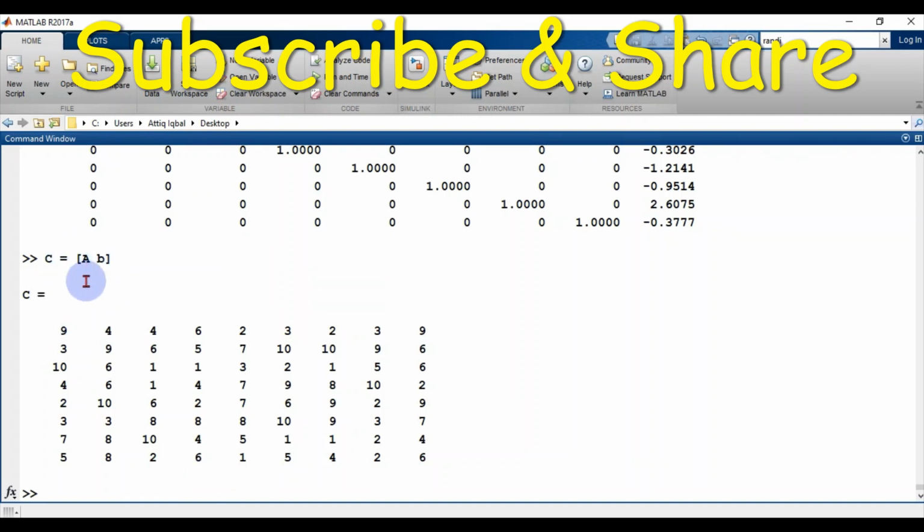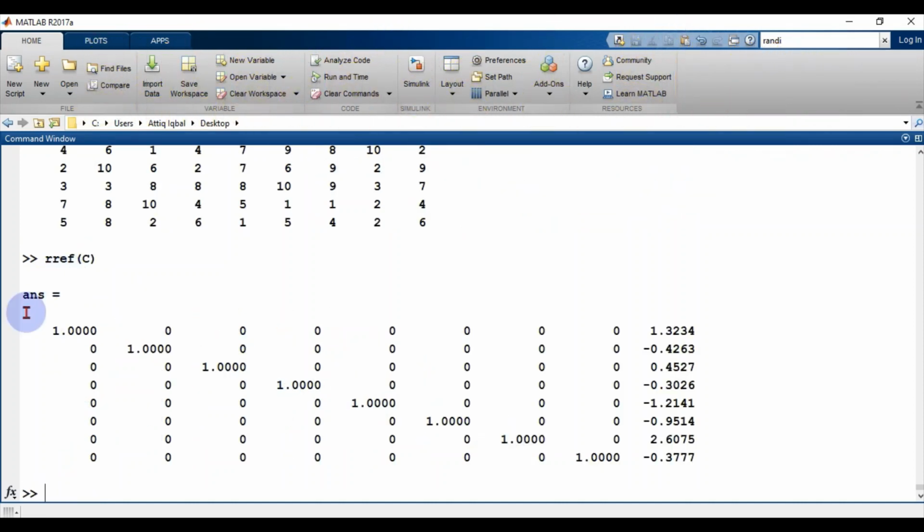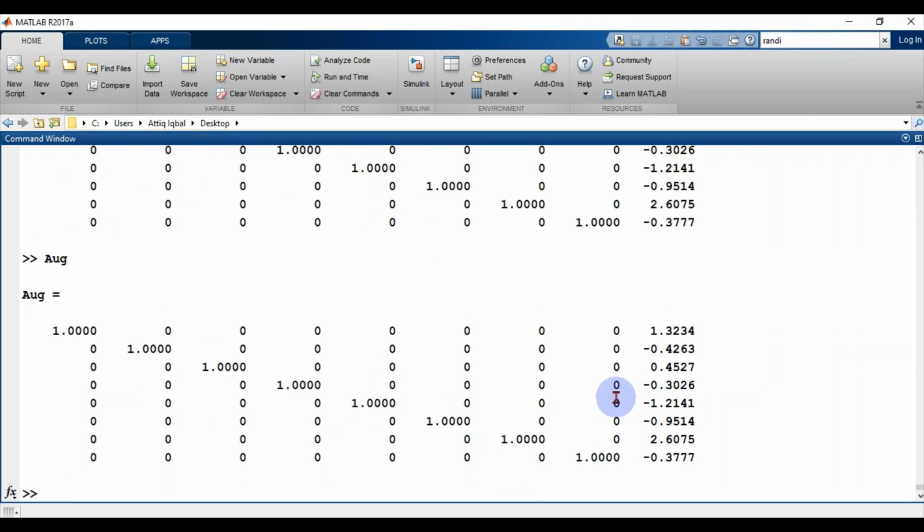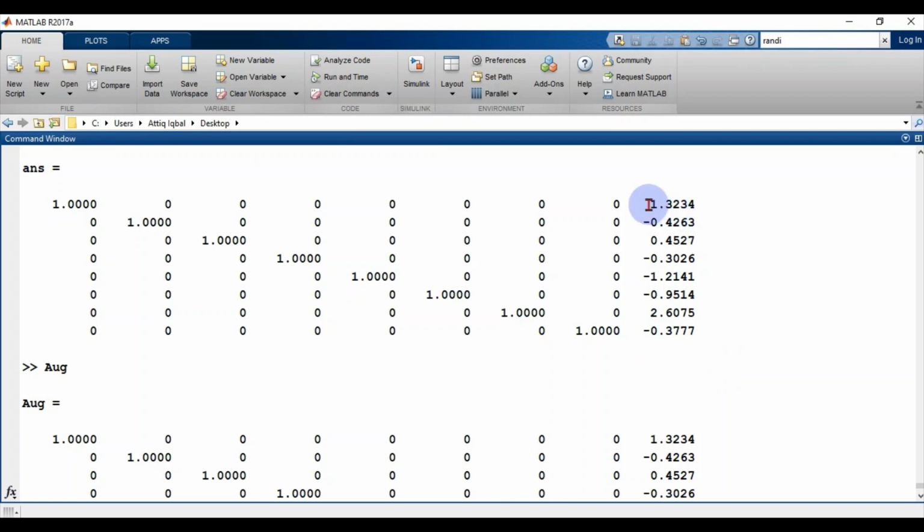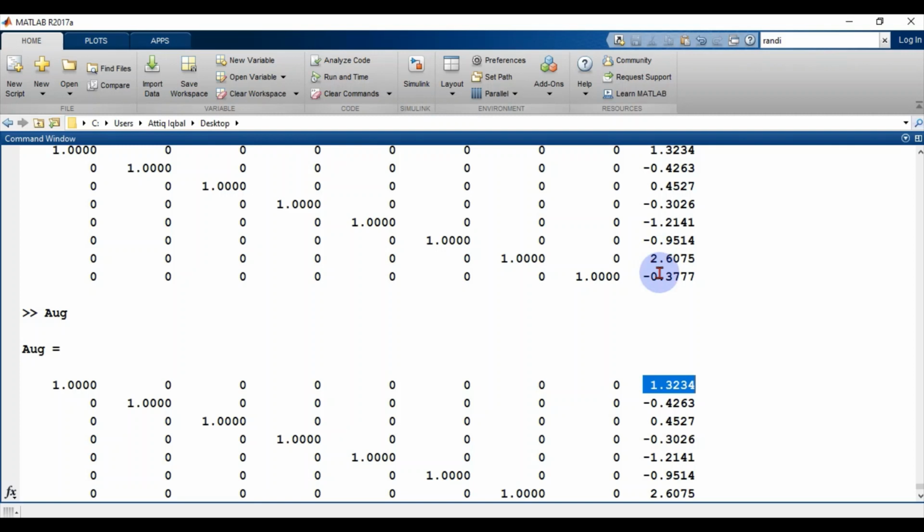I augmented A and B and stored them in C, and I am applying the built-in command RREF on C. Here you can see I got some solution, and let's verify it against my code. From MATLAB it is 1.3234, and from my code it is 1.3234, and you can also verify all the other unknowns.